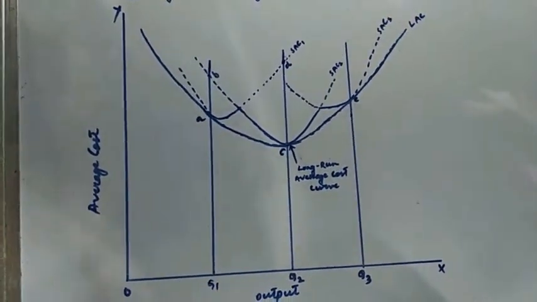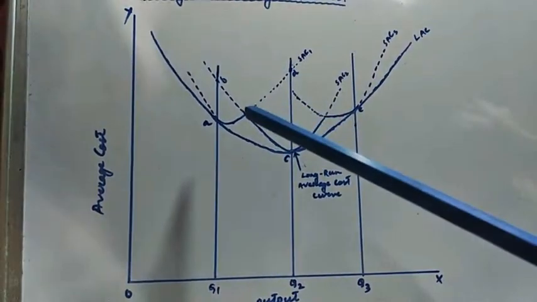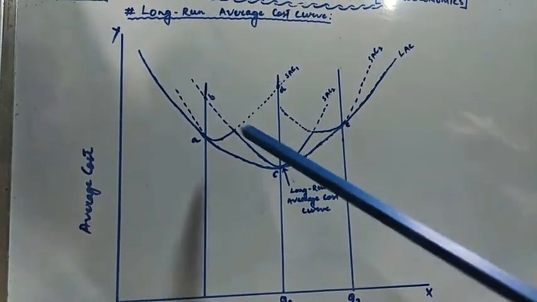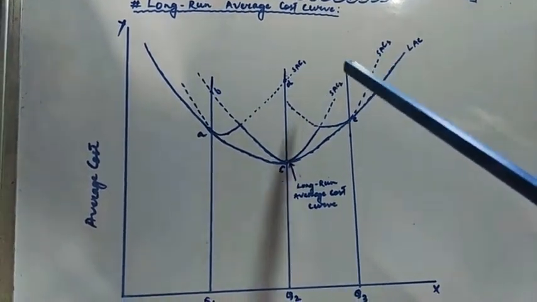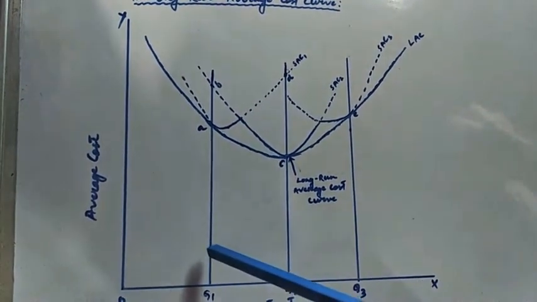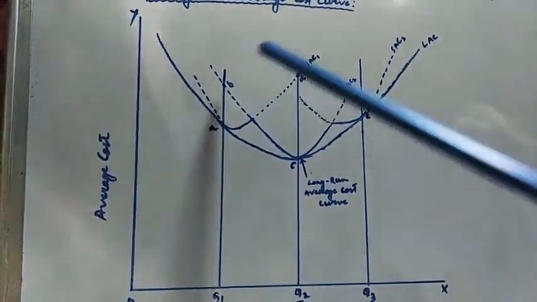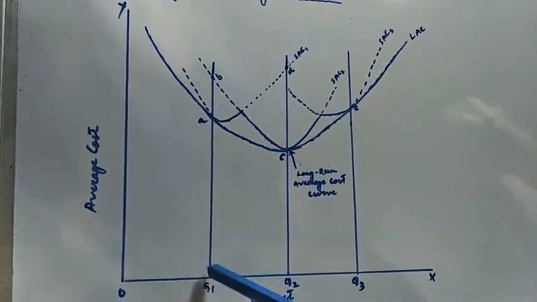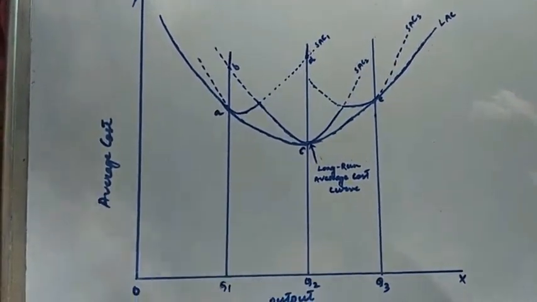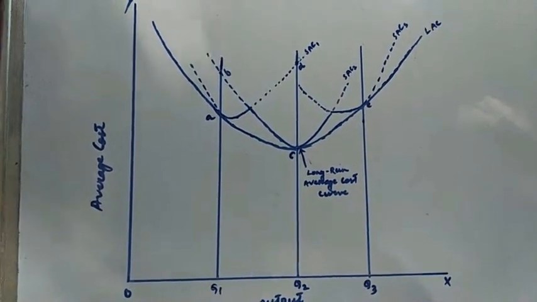But what if a firm tries to use the higher plant size, say SAC2, to produce OQ1 level of output? The operation point will be at B. You see that Q1B is greater than Q1A, so the cost the firm will incur is greater.